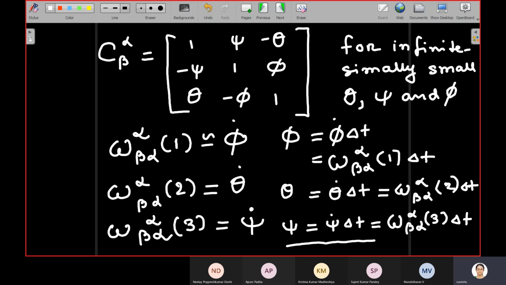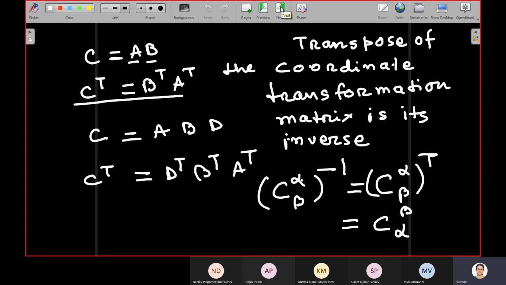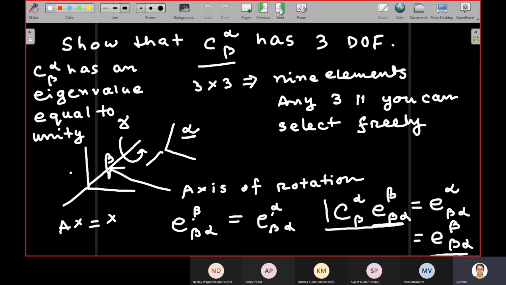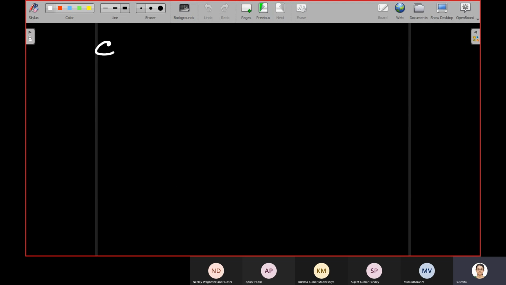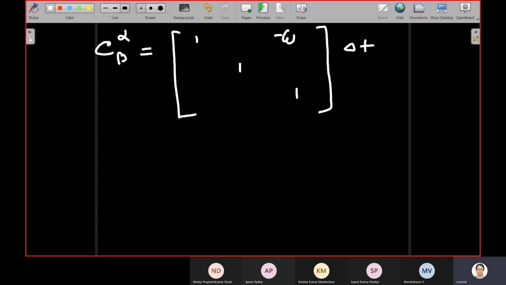If we substitute this here, we get, so there we had minus theta, and put delta t outside.